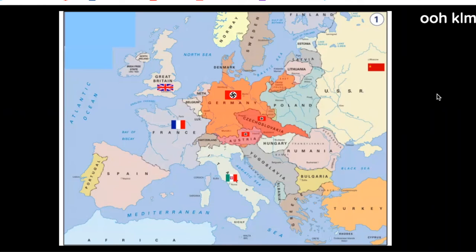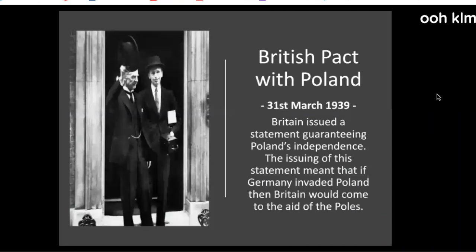And then what year are you going to put on your key? 1939. 1939, 6 months after the Sudetenland. We good on Czechoslovakia?